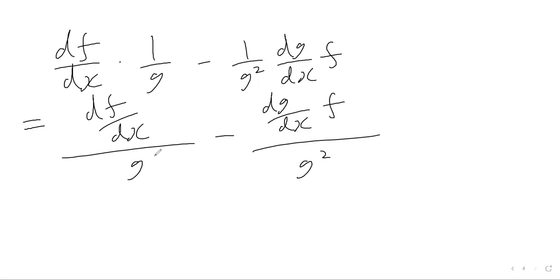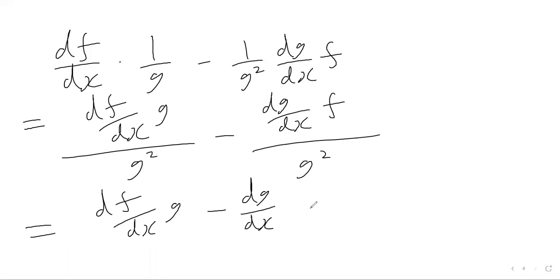We can do that by putting another g on the bottom there, but that means we have to put a g on the top there. So now we've got our common denominator. And what we've got on the top is df by dx times the function g, subtract dg by dx times f, all over g squared. And this is the result done.